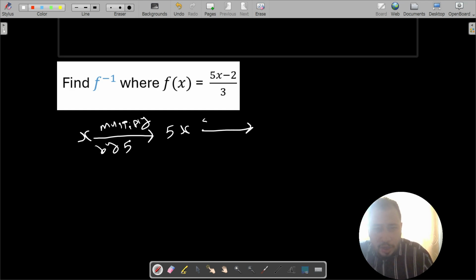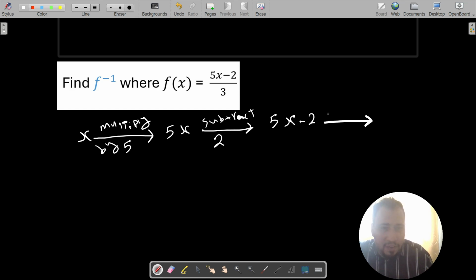Subtract 2. It's going to be 5x minus 2. After that, what is happening? Divide by 3. It's going to be 5x minus 2 over 3.